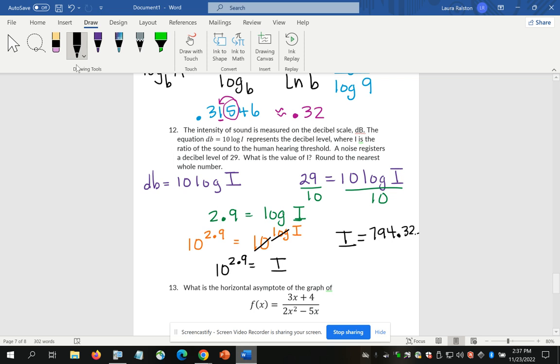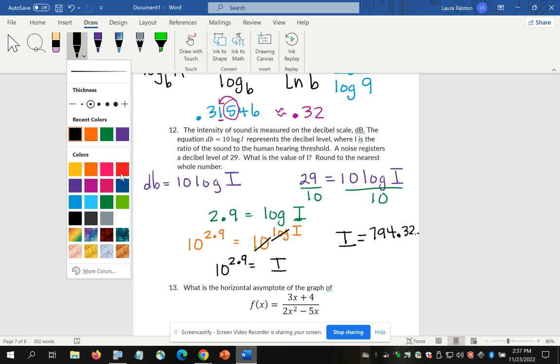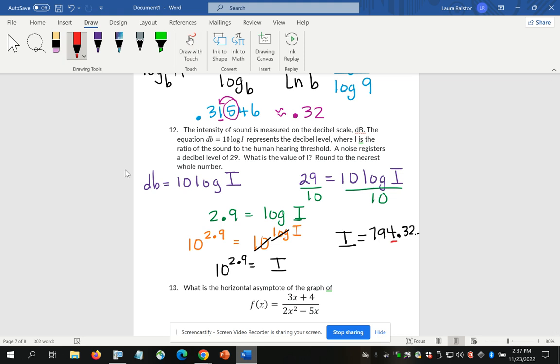Again, the instructions ask you to round to the nearest whole. So the 4 is in the whole numbers place. There's a 3 next door, so we leave it alone. So my intensity level is 794, rounded to the nearest whole number.